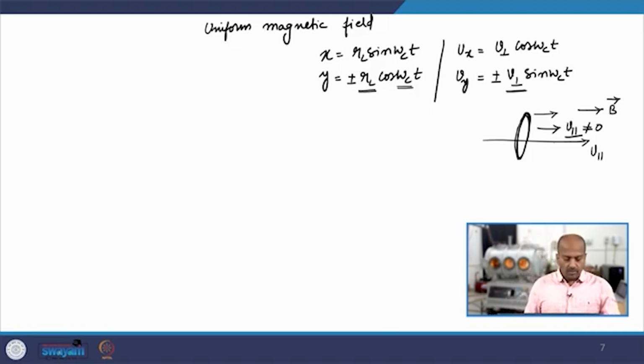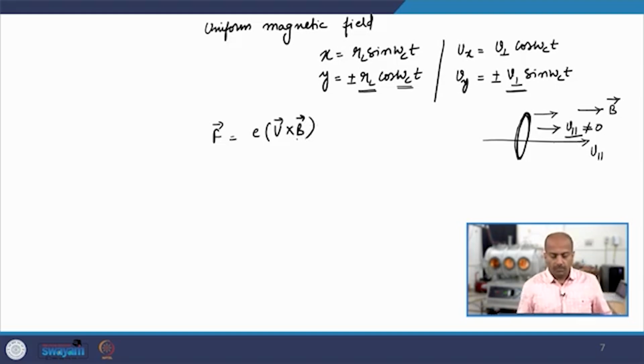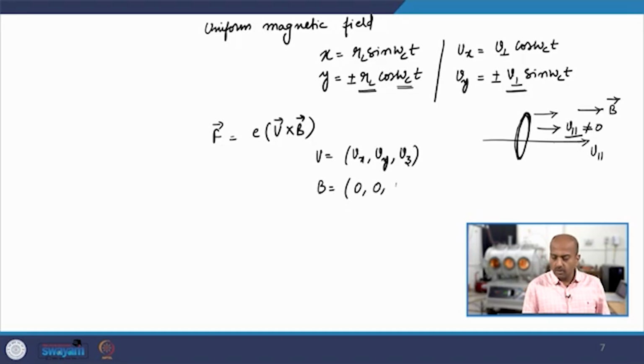So, now let us say we use this formula for the force. Since there is no electric field, we will write q times v cross B, right. So, we have the velocity written as Vx, Vy, Vz, and B written as 0, 0, Bz, right.